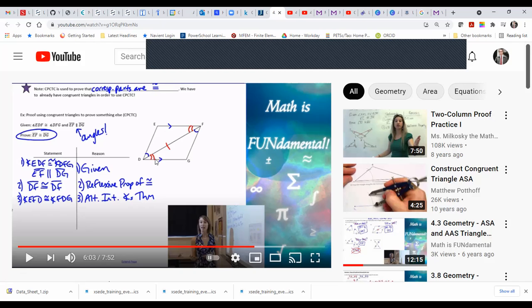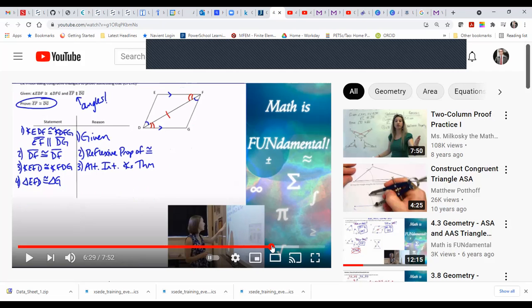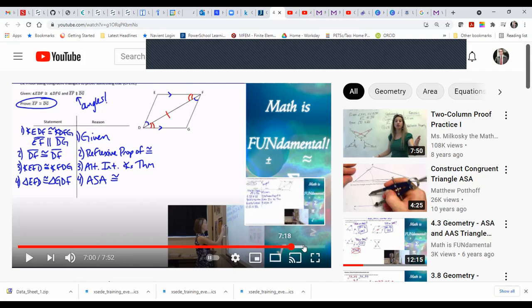The one that is blue is given. And then now you have the angle, side, angle, right? So you can conclude that the two triangles are congruent. Yeah. So side angle side. Sorry, angle side angle.